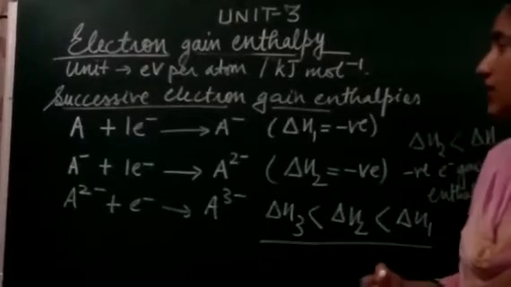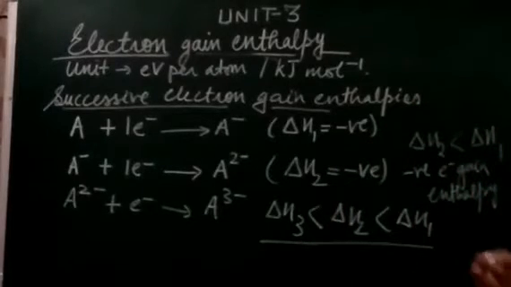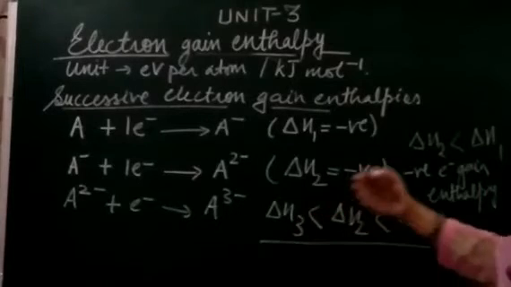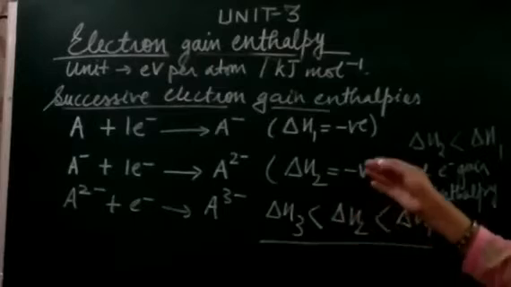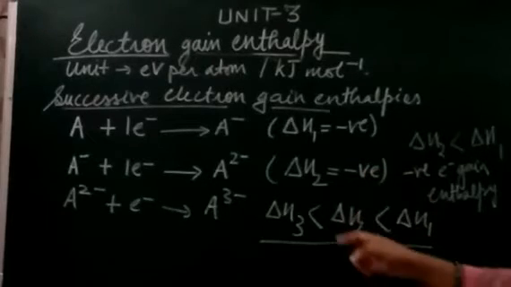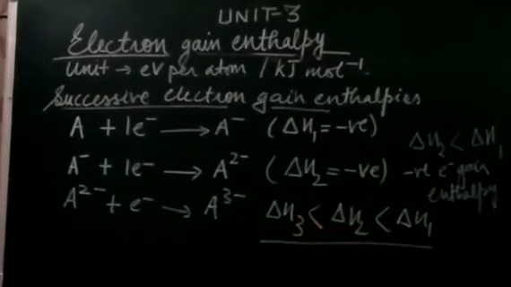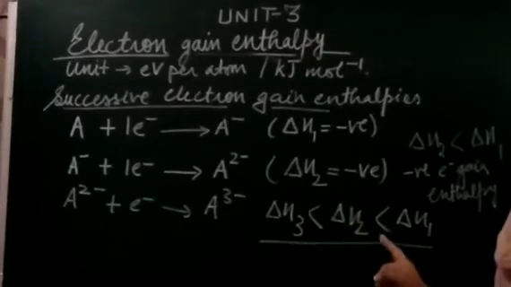So here, successive means getting one and one more electron added step by step. So the magnitude of negative electron gain enthalpy is going to decrease.